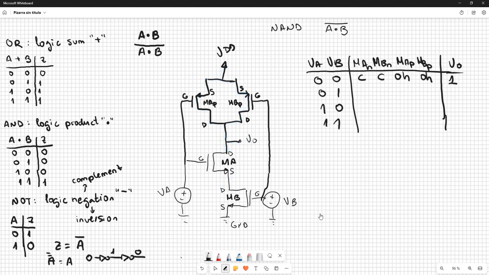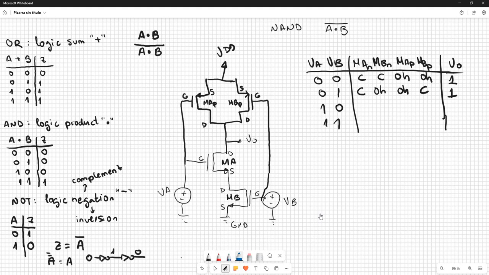In the following combination, A is 0, so A is in cutoff, and its complementary has to be in ohmic, just the opposite. The B NMOS transistor has 1, so it's going to be in ohmic, and its complementary has to be in cutoff. In this case, we have a 1 again.